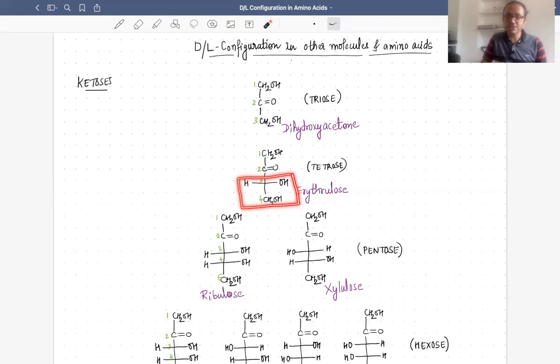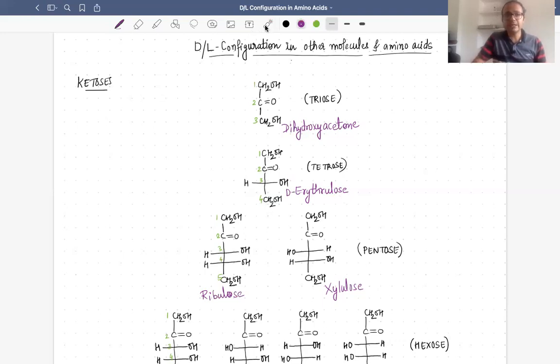Since OH is on the right side, it is the erythrulose; if you remember, there we talked about erythrose, but when it comes to ketoses, we say erythrulose. So it is D-erythrulose. Here we do not have a triose variety because we do not have another chiral center. And the enantiomer, therefore, would be L-erythrulose.